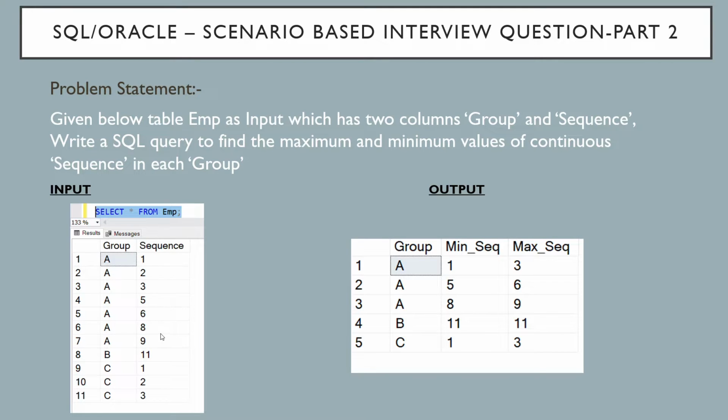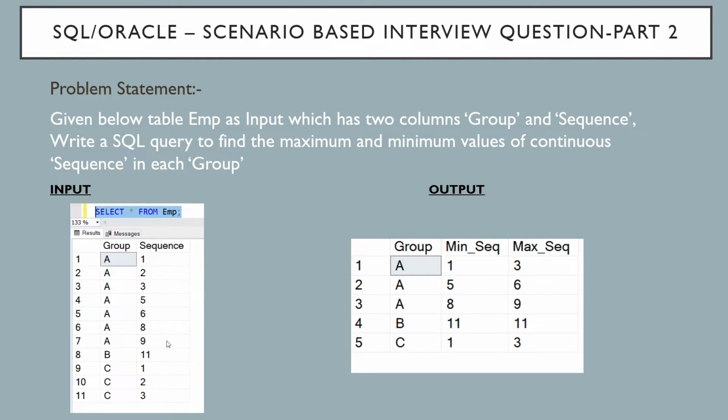So wherever there is a continuous sequence value, we have to print the minimum and the maximum value. So for group A and for sequence 1, 2, 3, we have the minimum value as 1 and the maximum value as 3. For sequence 5, 6, for group A, we have minimum value as 5 and maximum value as 6.